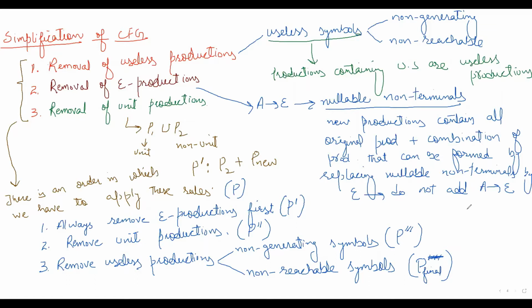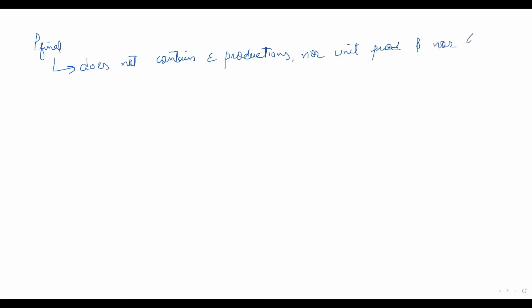So our P final does not contain epsilon productions, nor unit productions, nor useless productions.